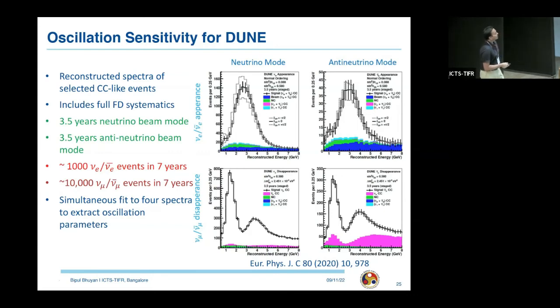So in about 7 years of running, we should be able to detect 1,000 nu E and nu E bar interactions in the liquid argon TPC. And for the nu mu and nu mu bar disappearance, we should be able to detect about 10,000 of those events in about 7 years. And we're going to do a simultaneous fit to this particular four-vector to look at various oscillation parameters. That's what the plan is right now.